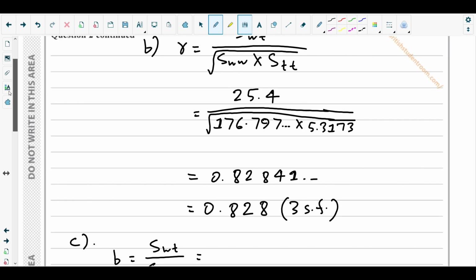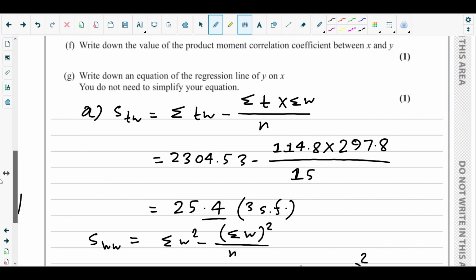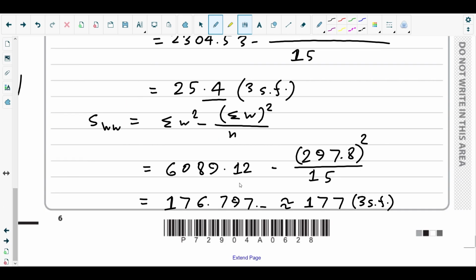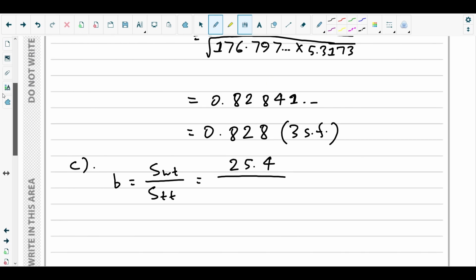So let's use 25.4 over S of TT. It would be better if we could use the exact value, but here it is rounded, so we have to use the rounded value.